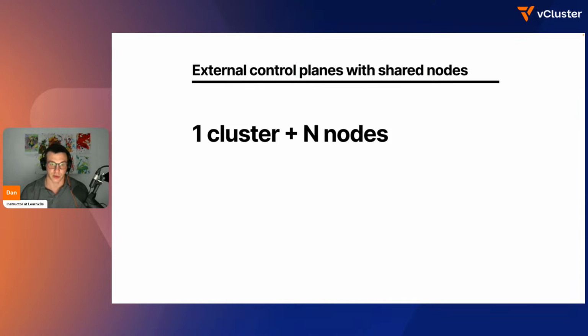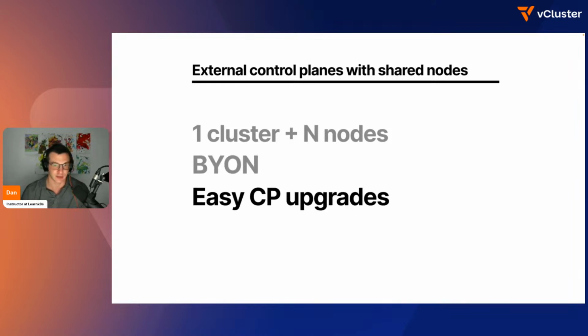Now, how do they work? Generally, you have a single cluster, and then you attach some nodes. This is usually called bring your own nodes, and basically what you do is you provision your own virtual machines, your own nodes, and then you attach them to this control plane. And I think this is really important because this is shifting a lot of responsibility for managing, maintaining and attaching these nodes to the team who wants to use the cluster, just like a managed service.